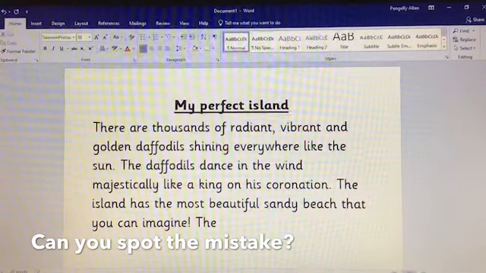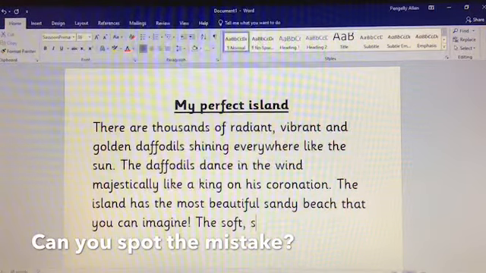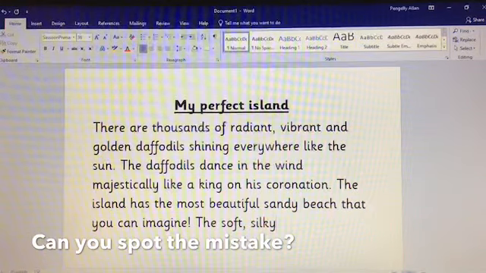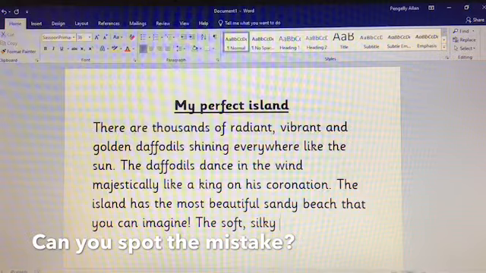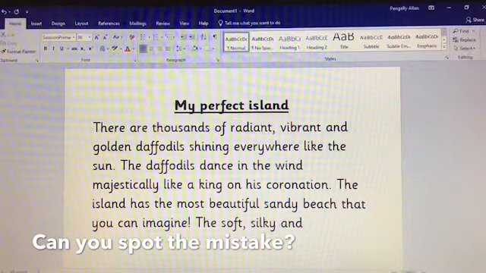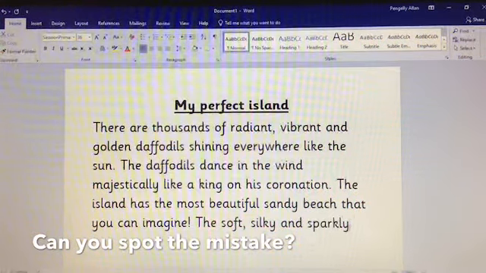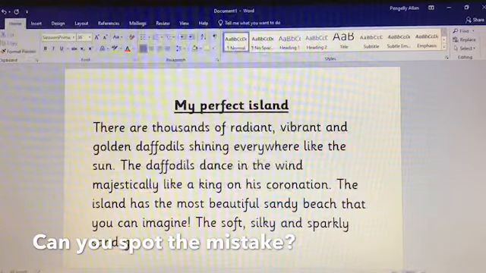The soft, silky, remembering my comma this time, and sparkly sand glistens.